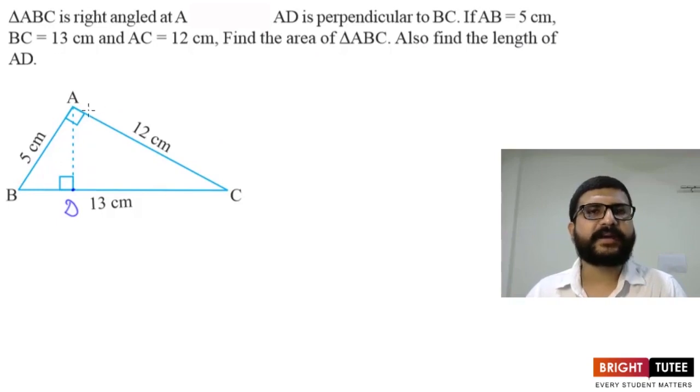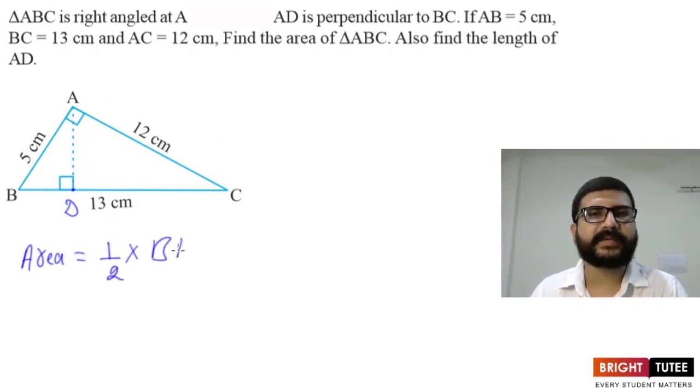So here we have to find the area of the triangle first. And we know area of the triangle is equal to half into base into height, or we can write half into BH. Now let's consider AB as a base. Now if AB is the base, AC will be the height. So this area will be equal to half into AB into AC. AB is base and AC is height.